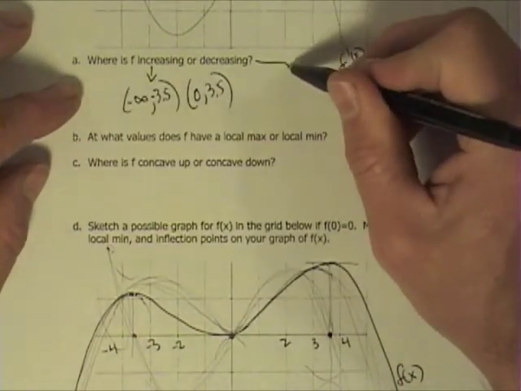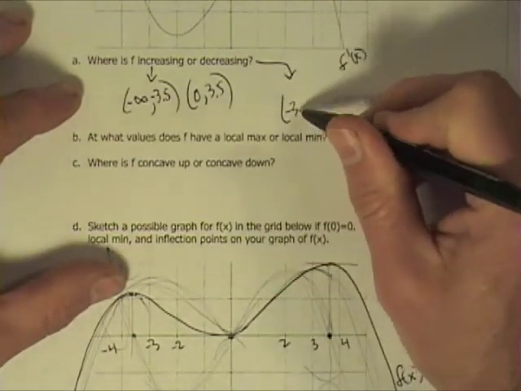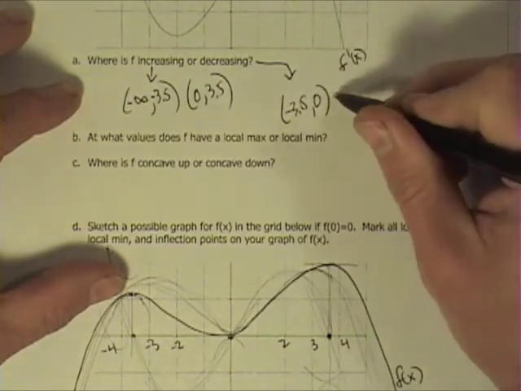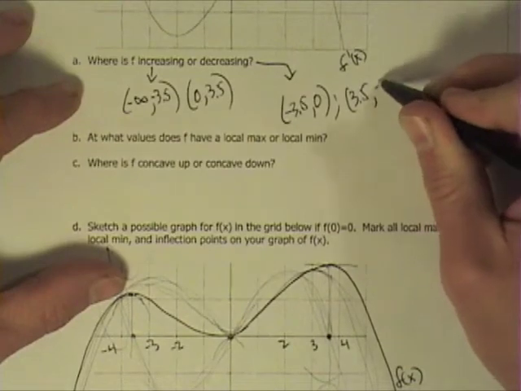Where is it decreasing? It's decreasing then from -3.5 to 0, and from 3.5 to infinity.